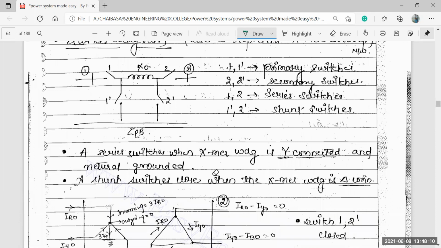The shunt switch we choose when the transformer winding is delta connected.